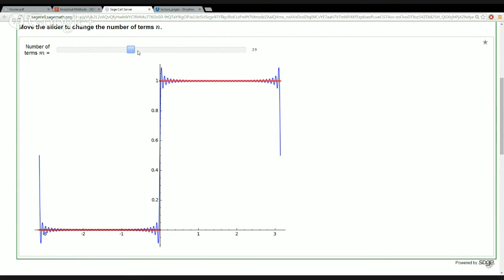Now, this function is still converging pointwise to the red function. This sequence of Fourier series approximations are still converging to the red function pointwise.